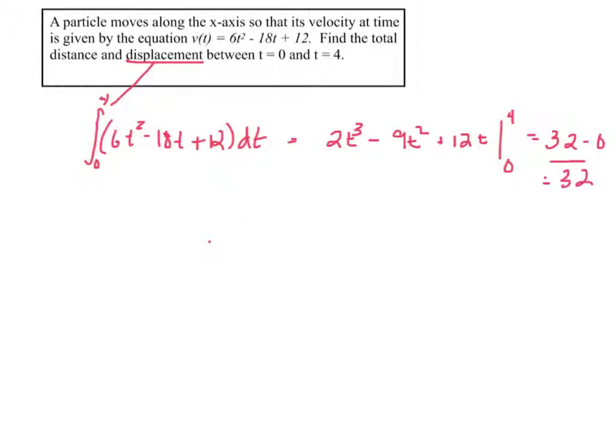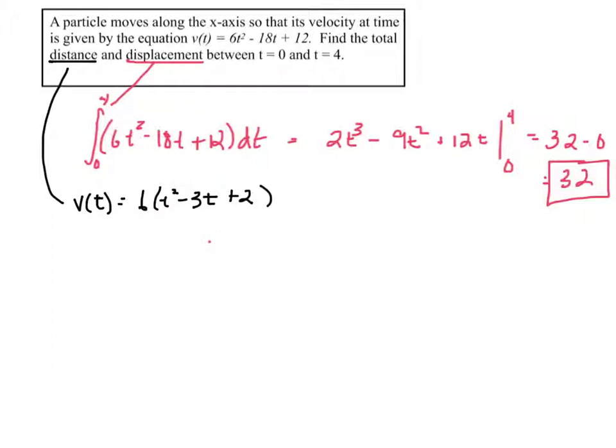This is displacement. Now distance is a little more work, because in this case there is going to be some forward and backward movement. If I factor that velocity equation, I'm going to start by taking a 6 out of everything, so t squared minus 3t plus 2.